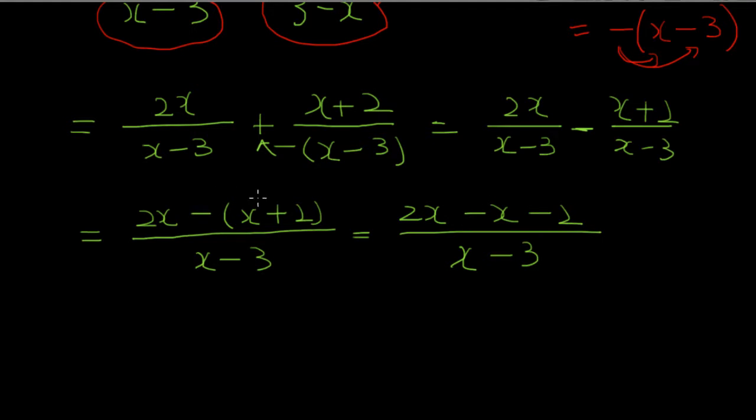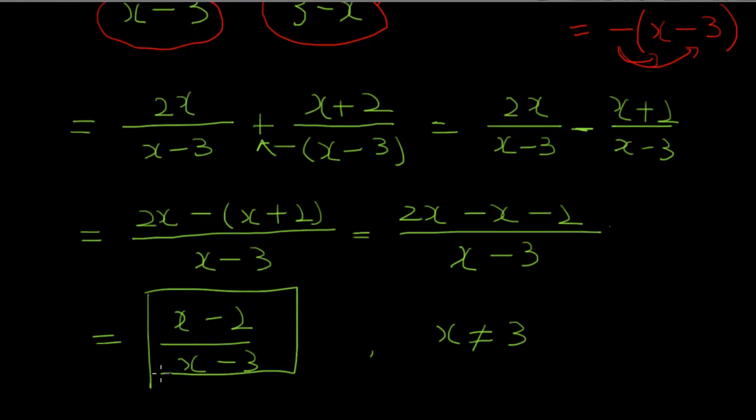Remember that will be included inside this parenthesis. It'll change these two. Okay, so our final answer, combine these two, would be x minus 2 and x minus 3 in the bottom, and x cannot be equal to 3, of course, right?